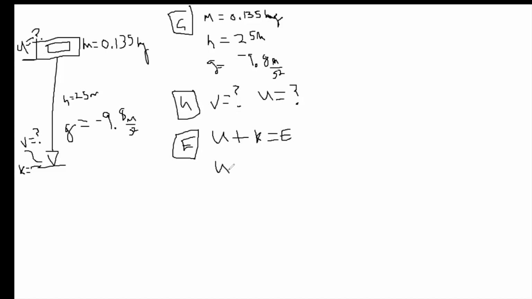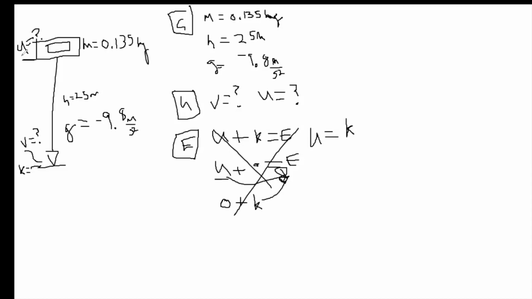So at the very top, U is equal to some number plus a K of 0 equals the total energy. So the total energy equals U. But then at the bottom down here, we're on the ground, so U is 0, and we've got K. So in that case, K equals the total, but if 1 equals 1 and 1 equals the other, guess what? Let's not even use that equation. U equals K. U at the top equals K at the bottom.